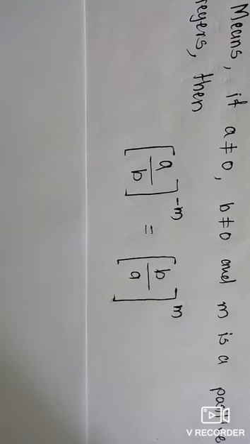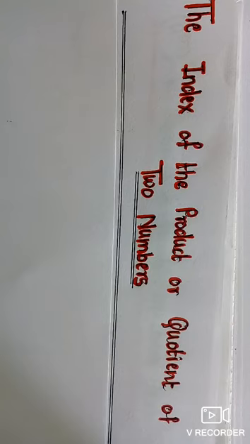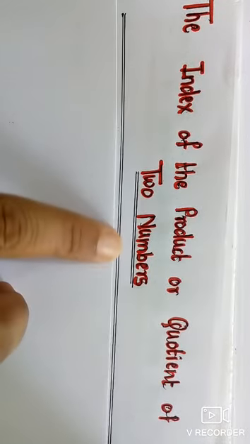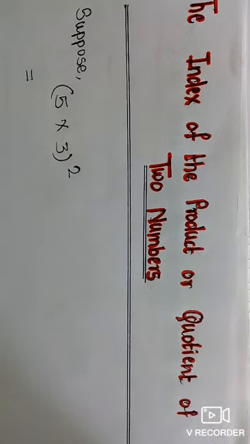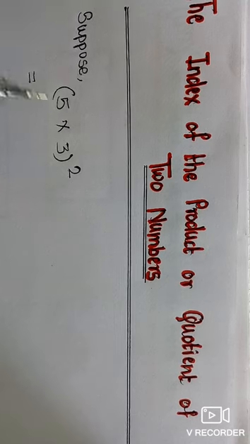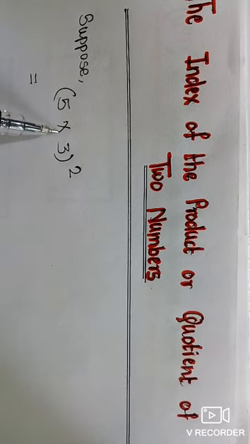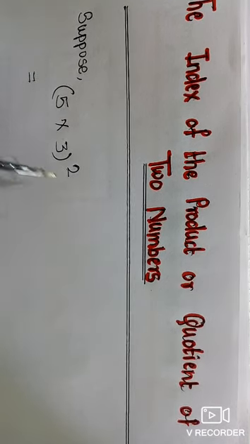Okay, now here one more rule, the index of the product or quotient of two numbers. Now you will say, how many rules are there, how will we remember? No, it is very simple and very easy to remember. At last I will explain all the rules together, and at that time you can remember everything properly. So in this rule, suppose 5 into 3 in brackets raised to 2.